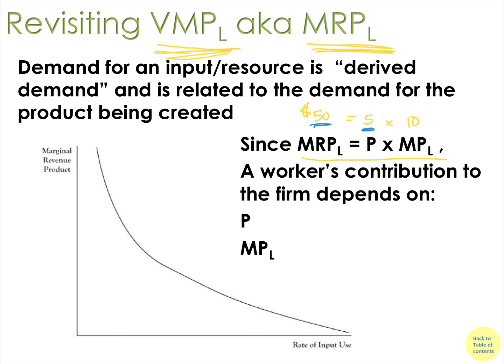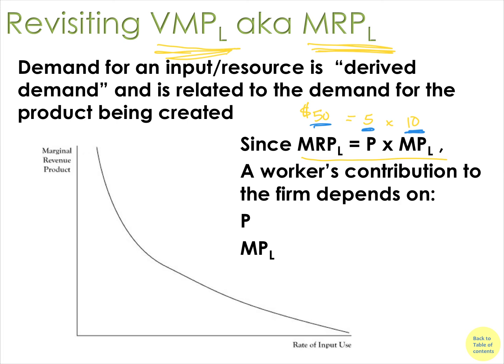If yo-yos get less popular, price drops as demand drops, and you're going to get a less valuable employee, even though her productivity has not changed. Also, her productivity depends on how she did in yo-yo school or any other number of human capital training that you might have done for her. But it also depends on the machines you've given her for yo-yos, right?